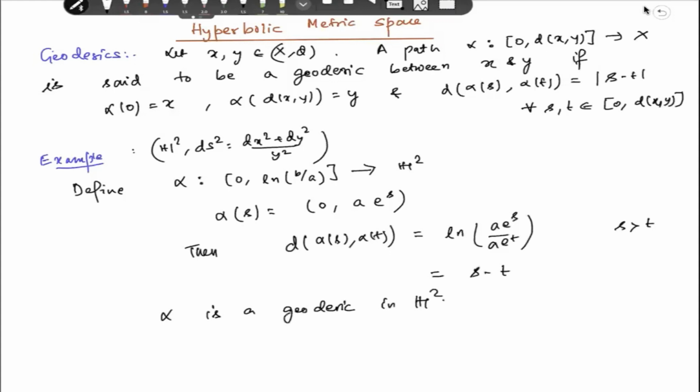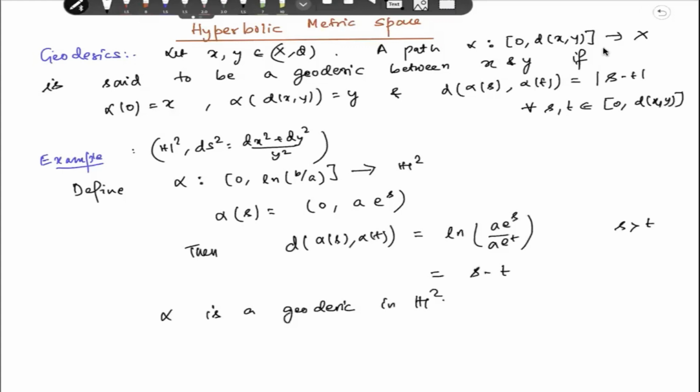In our earlier lectures, we defined a geodesic to be a length minimizing path. If I take the arc length reparameterization of that path, then that will give you this definition of the geodesic.